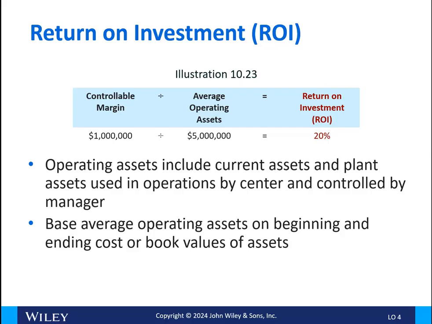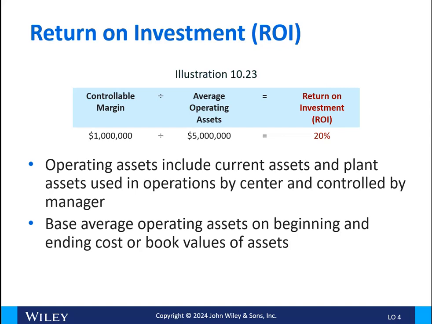So the formula for return on investment is controllable margin divided by average operating assets. That gets us our return on investment. So if we had $1 million of margin and our average operating assets were $5 million, we say we have a 20% return on our investment.